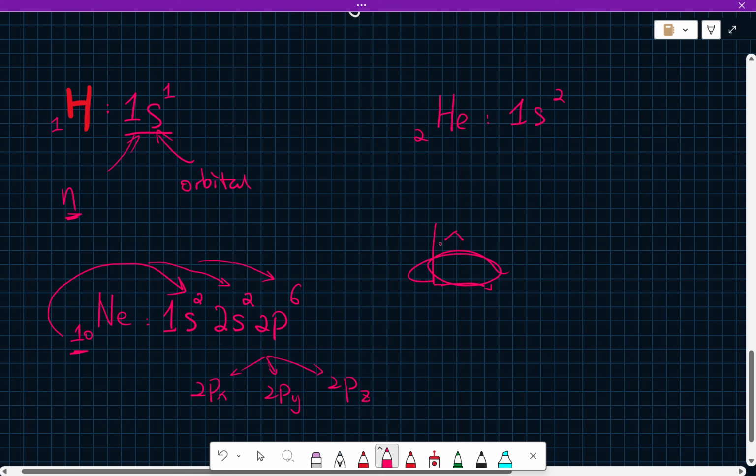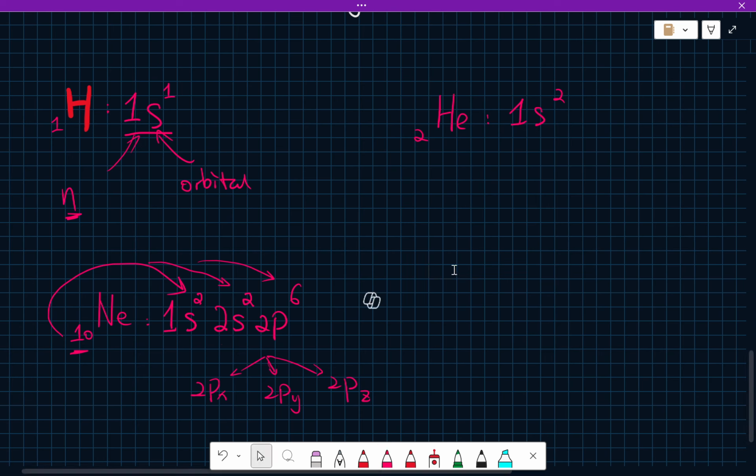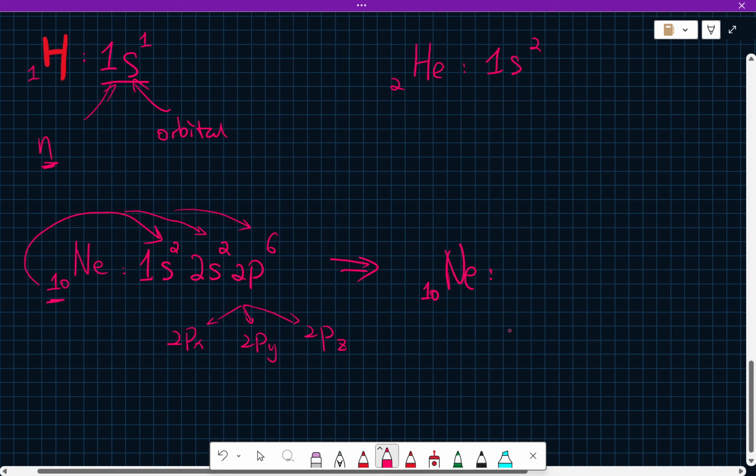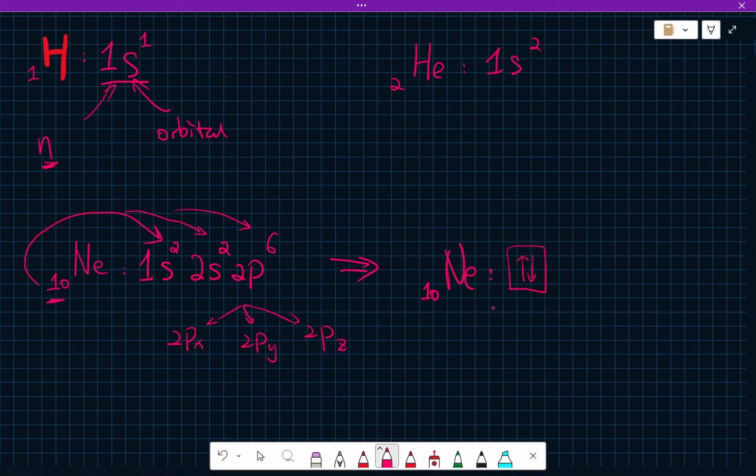So now, let's see how we can convert this electron configuration into the equivalent orbital diagram. For 1s, we would have one up arrow and one down arrow because we have 2 electrons in it. For 2s, we also have one up, one down.